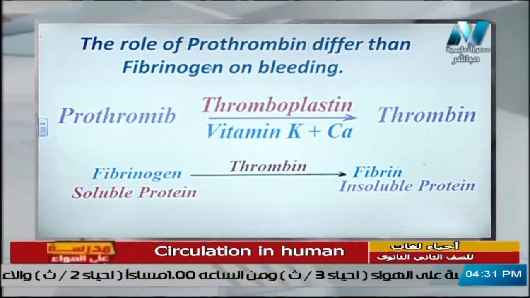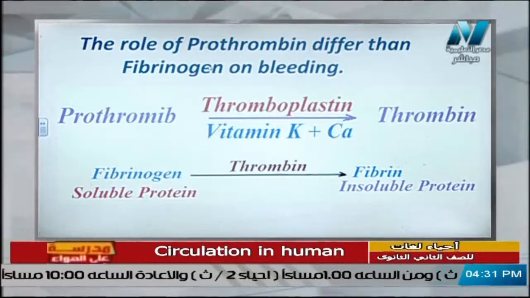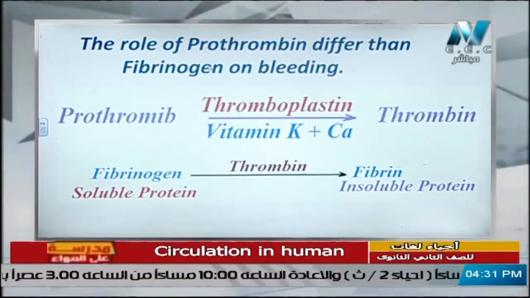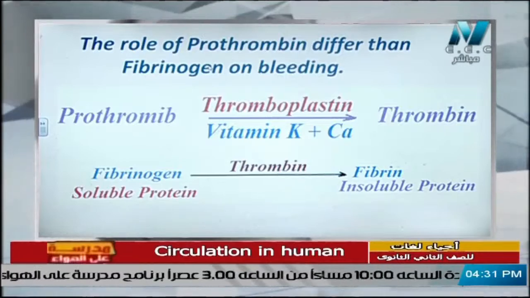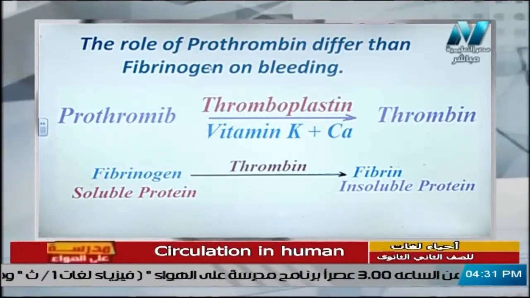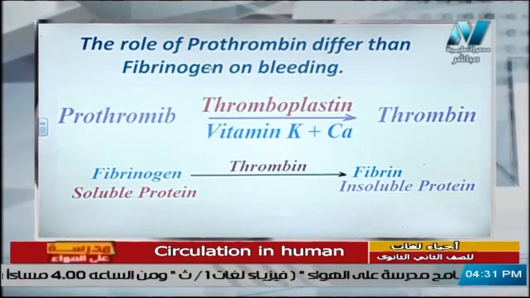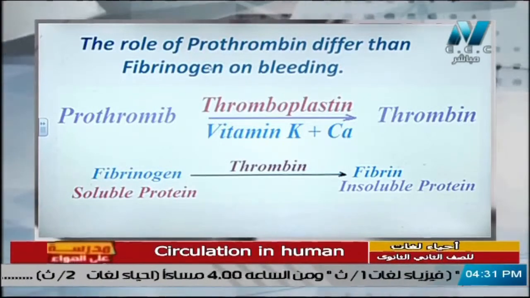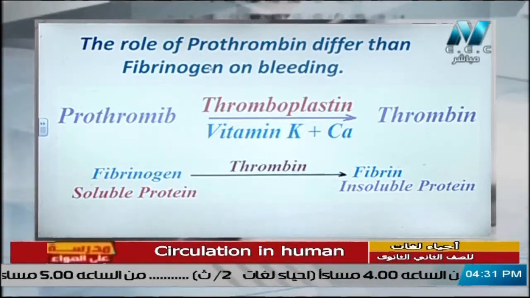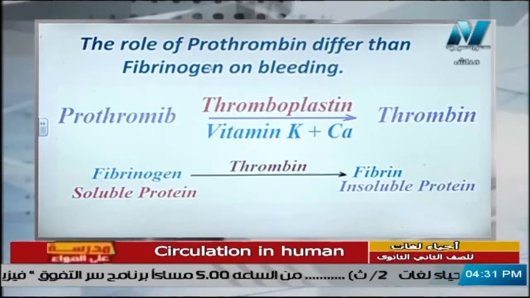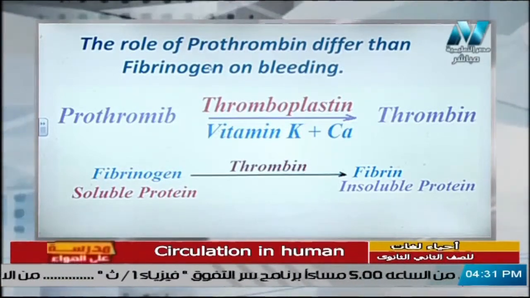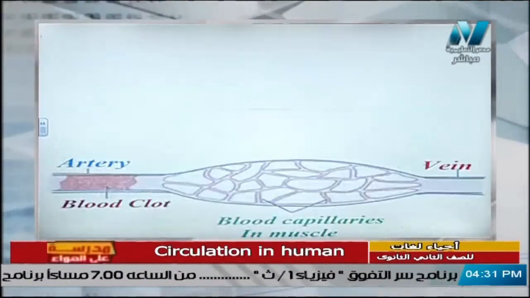So now the role of prothrombin is to change into thrombin by thromboplastin, while fibrinogen changes into fibrin by thrombin to form the clot.